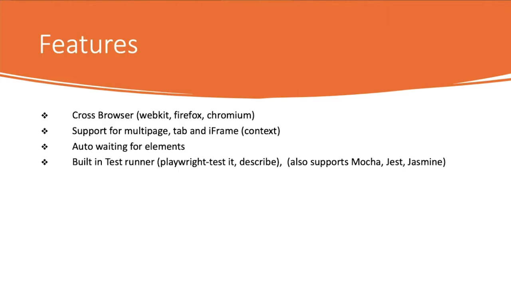So unlike tools like Cypress, where you are restricted to using Mocha, like Selenium here, you do have the ability to pick and choose the test runner that suits your purpose or that you're most familiar with. Or you can go back to the Playwright test runner.